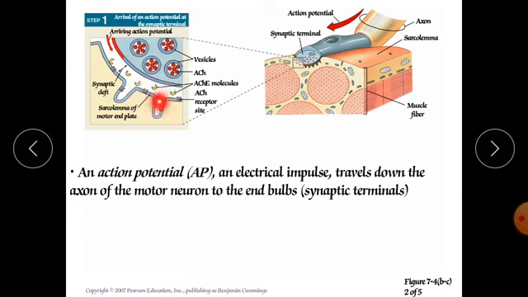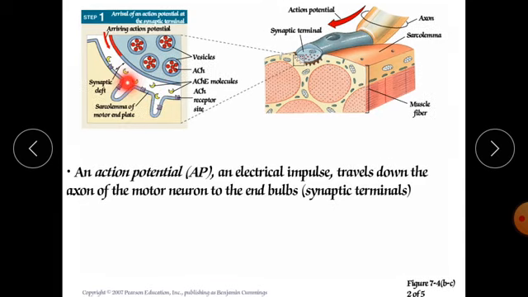It won't bind blindly, it will bind to the specific respective receptor of acetylcholine. In this fashion further neuroinnervation, meaning further impulse generation, will occur, and it will transmit from one neuron to another neuron.